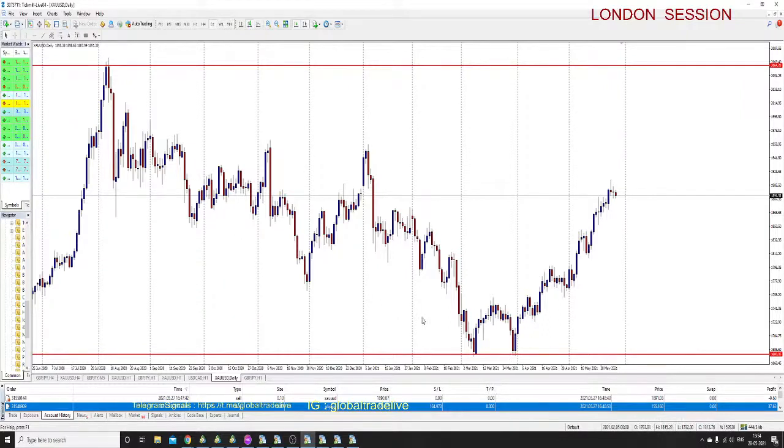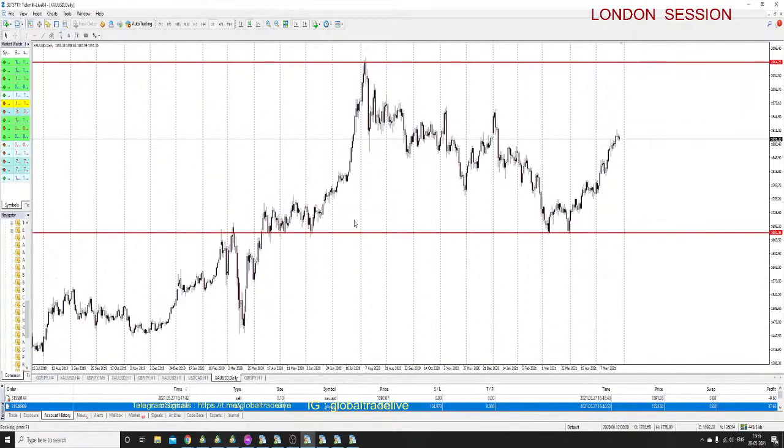Okay, so gold was moving up, then it rejected this area over here and starts to move all the way down, right? And as we can see, this was the area where the market just came up, rejected this area, went down, went up, broke the high, broke this resistance over here, tapped on this support, rejected this support, and eventually it just went up.